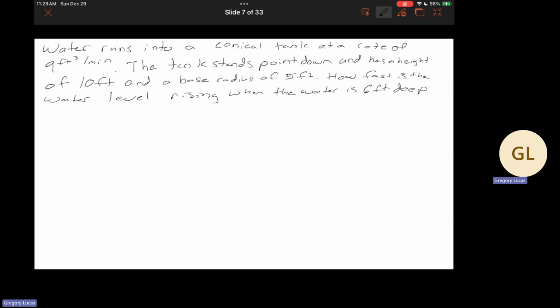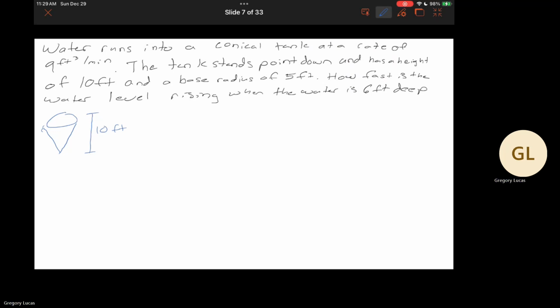So we're going to first start by just seeing everything we know. I'm going to draw a cone that looks something like this. Our cone, we're told, is 10 feet.